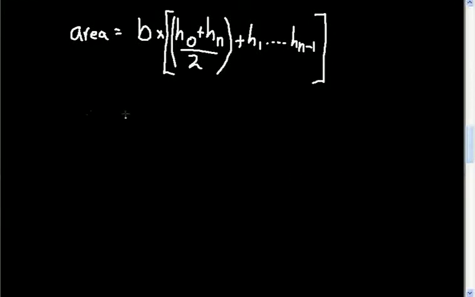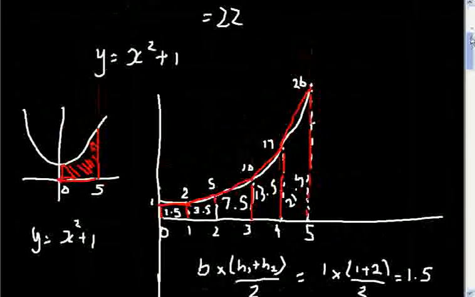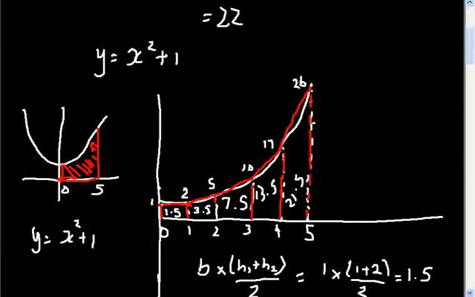Let me work out the area of each of those trapezia. This is what you do: b times (h0 plus h1) over 2. That's the area of one trapezium. If I go back to this, you'll see h0 is the first height, h1 is the second height, and the base length is this length here, which is 1.